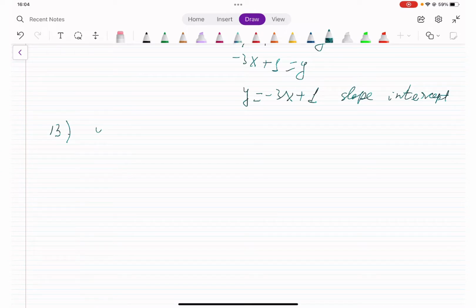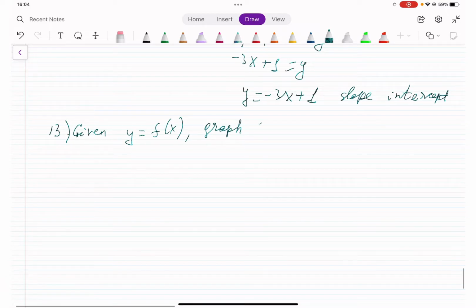So we have graph y is equal f of x. Given y is equal f of x, graph 2f of x.